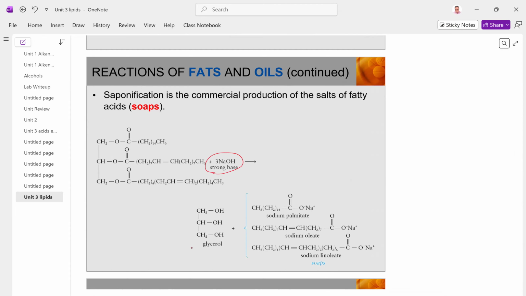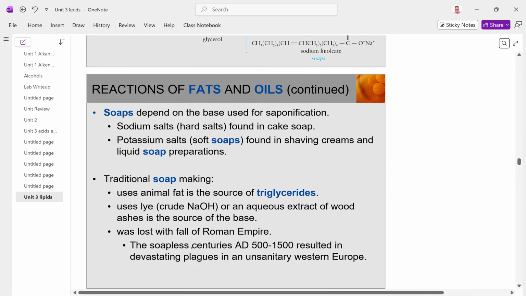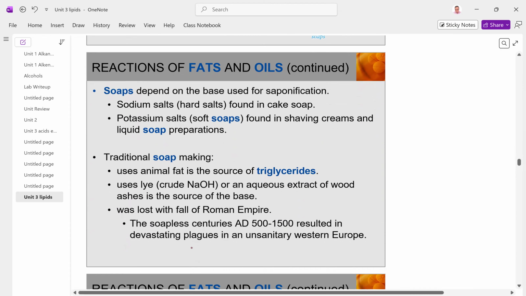Saponification, as you remember, is the same kind of reaction, only in an alkaline environment. And you end up with your acid salts and your alcohol. Okay, it depends on whether you use sodium hydroxide or potassium hydroxide for the preparation of our soap.